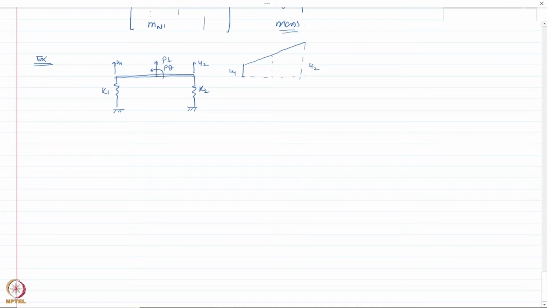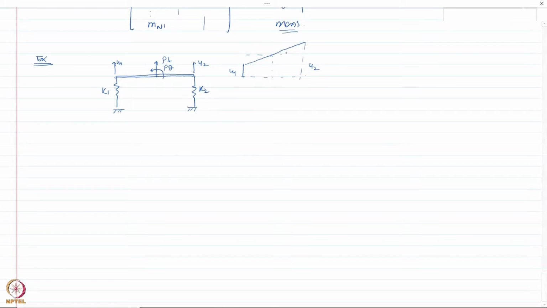So this bar in 2 dimensions can rotate or can translate. Okay, so it can do both motions, and to represent the motion we need 2 degrees of freedom to represent its displaced position with respect to the initial equilibrium position. Okay, now this is the deformed position, so we need to draw the free body diagram of this bar in its deformed position. Okay, so let us do that.